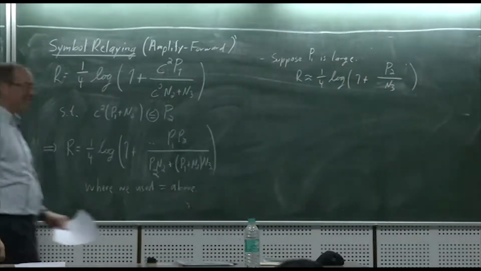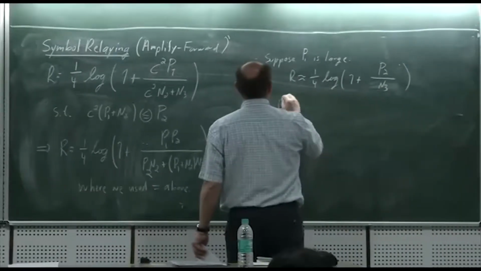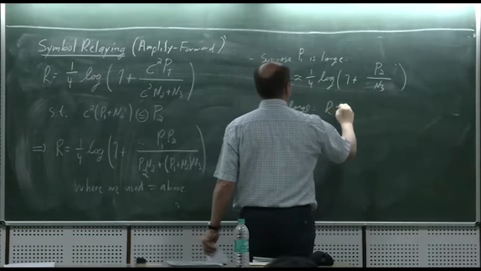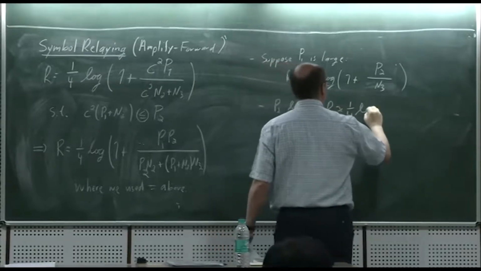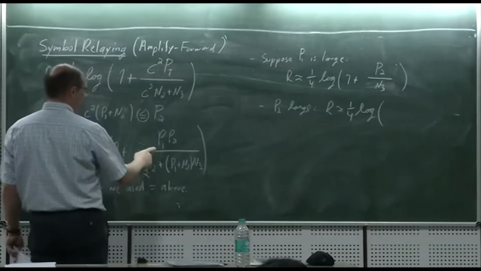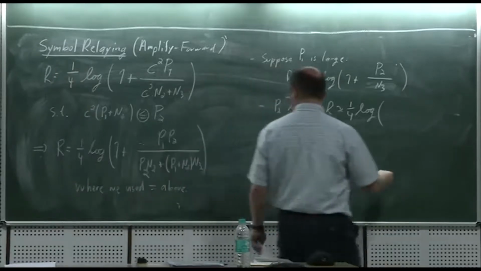It's the cut, because if P1 is large, we can bypass the first one. If P2 is large, I can't get infinity, so we should be limited by the first one. Because if P2 is large, we'll get P1 over N2, exactly.